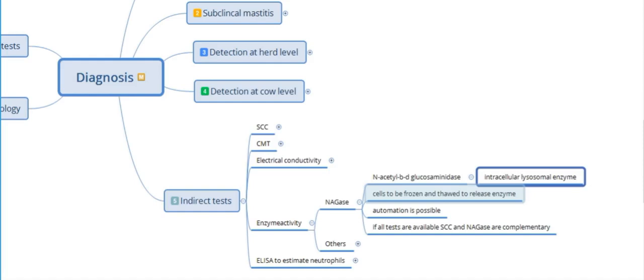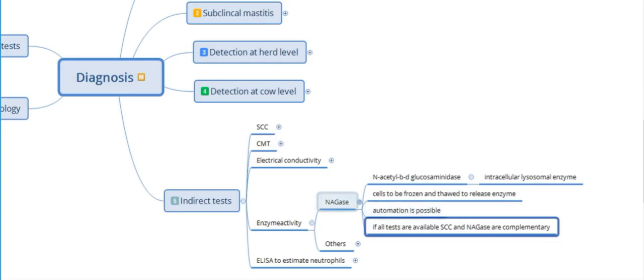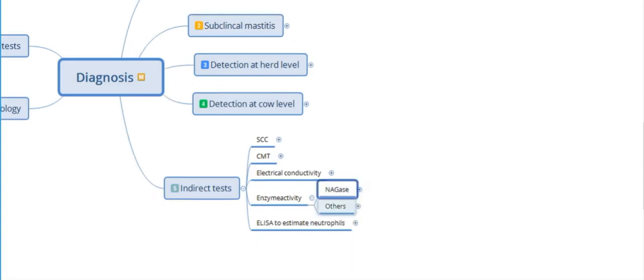These are automatable tests, and somatic cell count and NAGase tests are considered to be complementary to each other. So it is as good as assessing somatic cell count. Other enzymes like lactate dehydrogenase and alkaline phosphatase can be estimated to give an indication of subclinical mastitis. Then you can do ELISA to estimate neutrophils, which is still an experimental test.